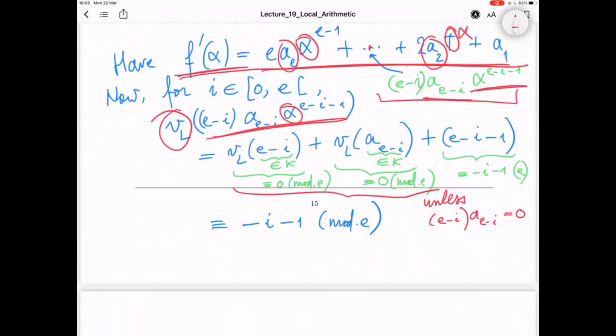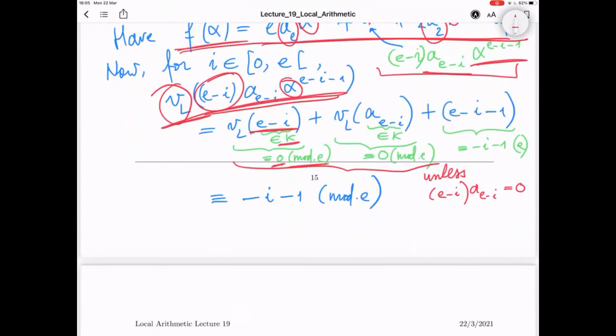So if I compute the valuation of this expression, I'll have the valuation of the first thing, which is e minus i. It's in k. So whatever the valuation is, it's going to be congruent to 0 modulo e. Because remember, k star modulo O k star, Vk is an isomorphism with Z, and this is contained in L star modulo OL star.